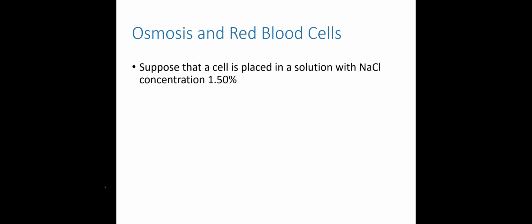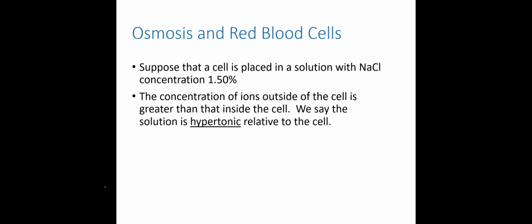So suppose that instead the cell is placed in a solution with a sodium chloride concentration of 1.50%. So the outside of the cell has a higher concentration than the inside of the cell, which we said was 0.9. We say that the concentration of that solution is hypertonic relative to the cell.